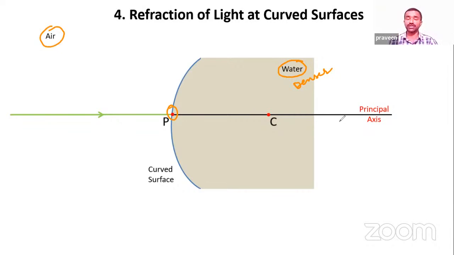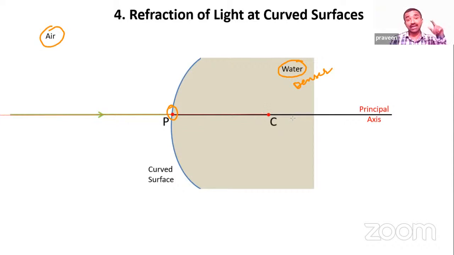If you observe carefully, you can draw a normal. Here I am showing you the normal. That normal is the line connecting the center of curvature and the curvature. Extend it for any length. So this is the normal at the point P.